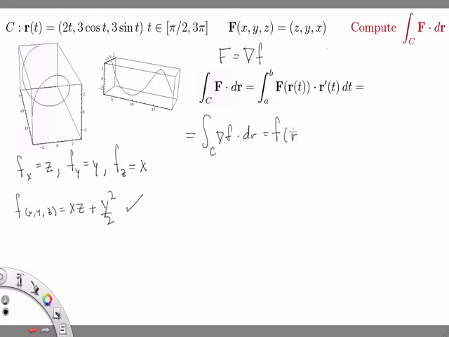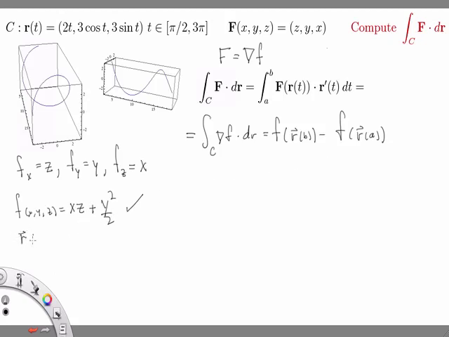So that's f of r of b minus f of the point r of a. So it says that instead of calculating r prime of t and understanding this curve perfectly, I really just need to plug in the endpoints and see what points in space I get and evaluate my function f for those coordinates x, y, and z.